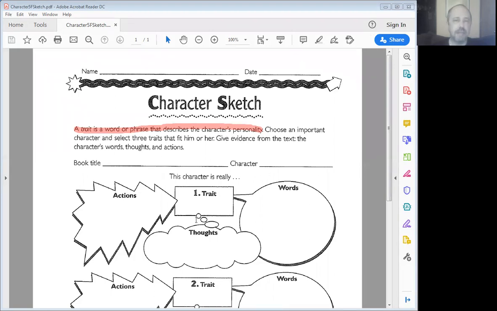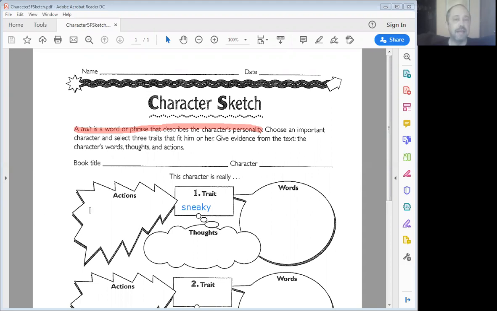So, for example, I don't think it would be very controversial to say that Tom Sawyer is kind of sneaky. It seems more than appropriate. And so, if I'm going to say Tom Sawyer's sneaky, I need to find evidence in the book that shows this is true. And there's 3 types of evidence. There's his actions, his thoughts, and his words.